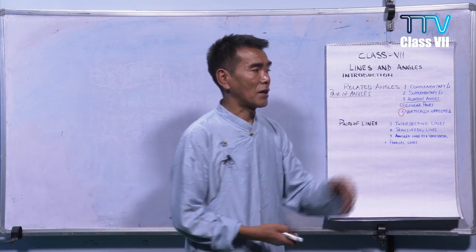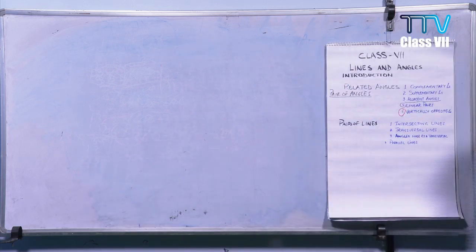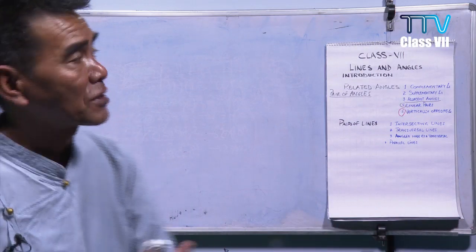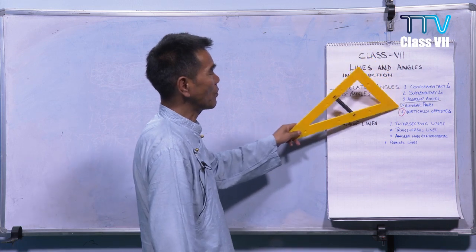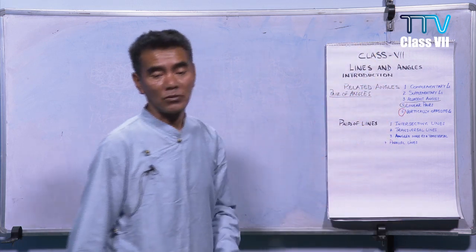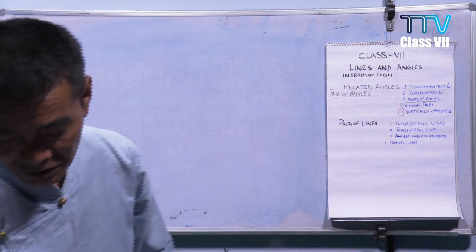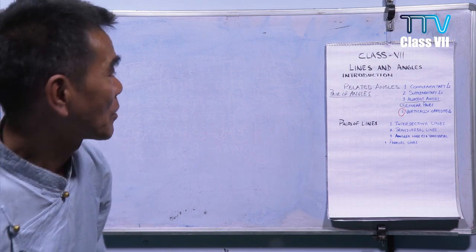Vertically opposite angles. Okay, vertical opposite angle, for example. This is class 7 now, and it is the continuation of class 9.